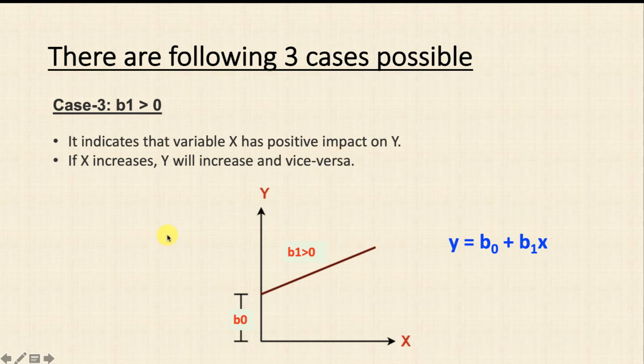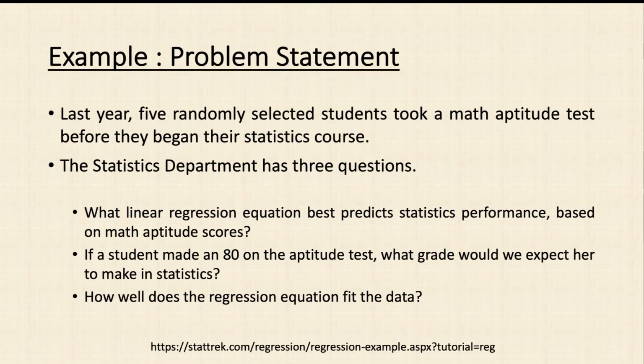So based on this, we are now going to solve one problem. Here is the problem: in the last 5 years, 5 randomly selected students took a math aptitude test before they began their statistics course. The statistics department has three types of questions. What linear regression equation best predicts statistics performance based on math aptitude score?